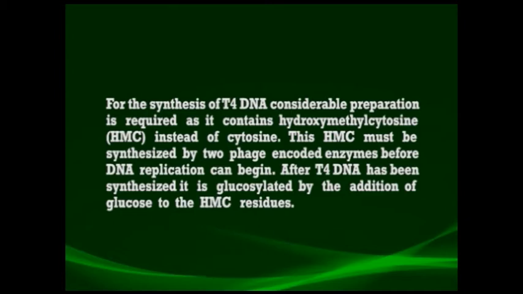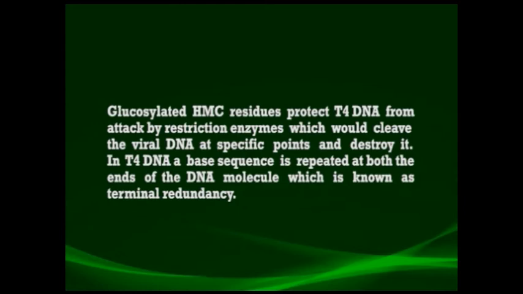After the T4 DNA has been synthesized, it is glucosylated by the addition of glucose to the hydroxymethyl-cytosine residues. These glucosylated HMC residues protect the T4 DNA from attack by the restriction enzymes, which would cleave the viral DNA at specific points and destroy it.